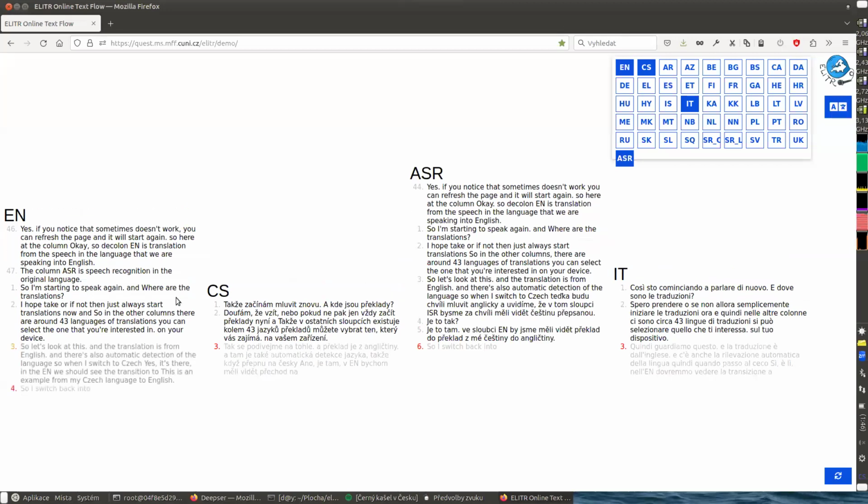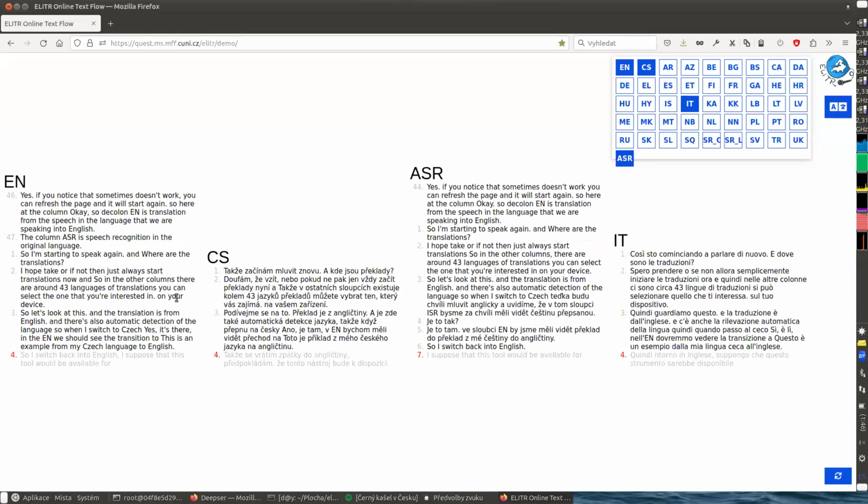I suppose that this tool would be available for our discussion in our most preferable languages, because usually after the Monday seminar we discuss in English because it's our common lingua franca, and we have foreigners among us who don't know Czech, so all of us speak English.